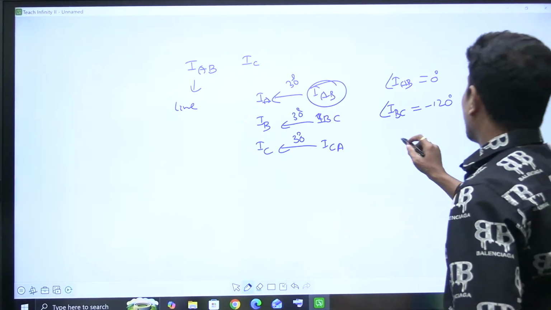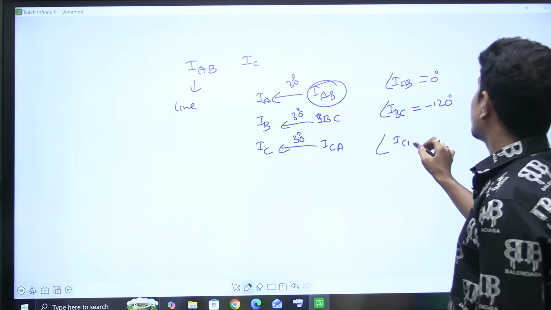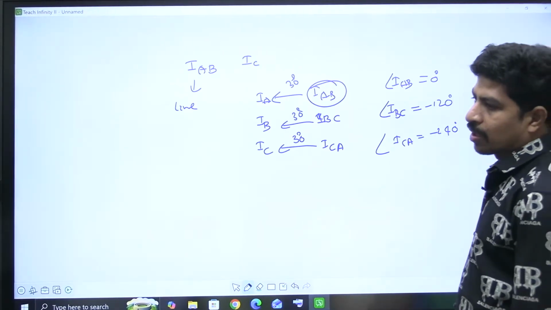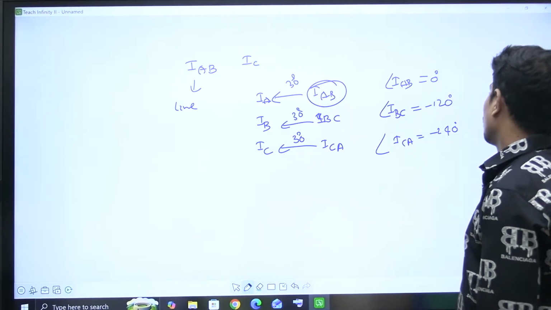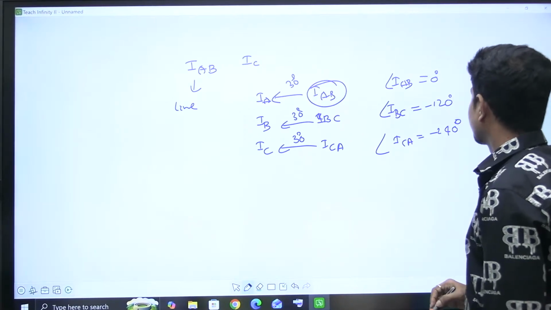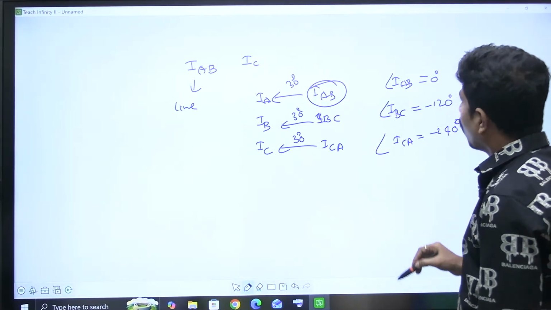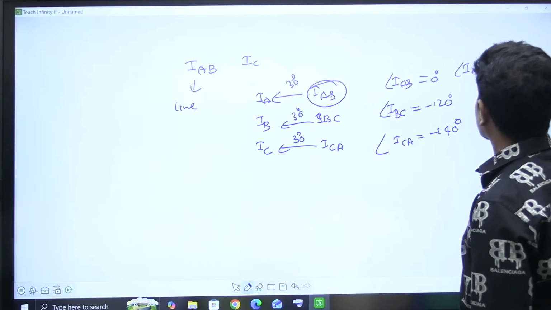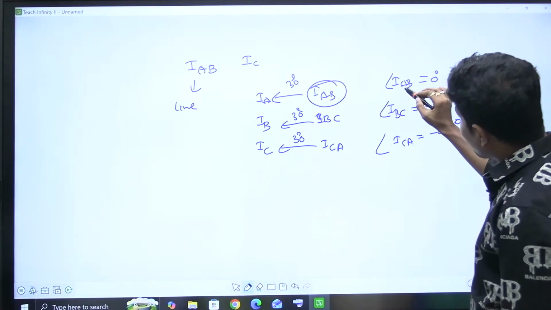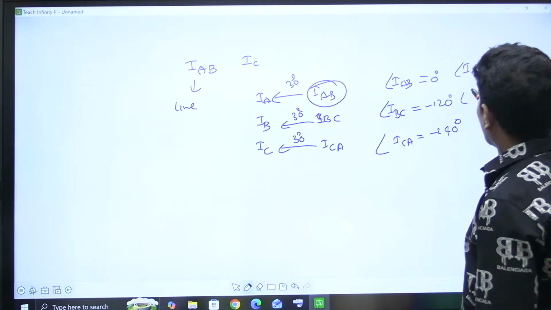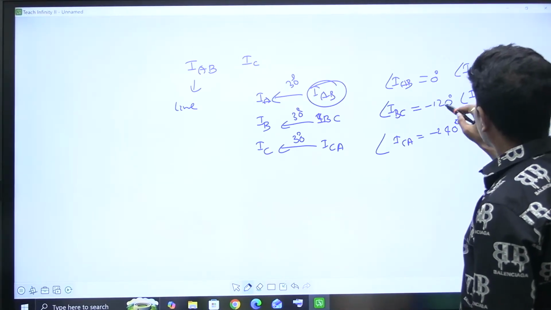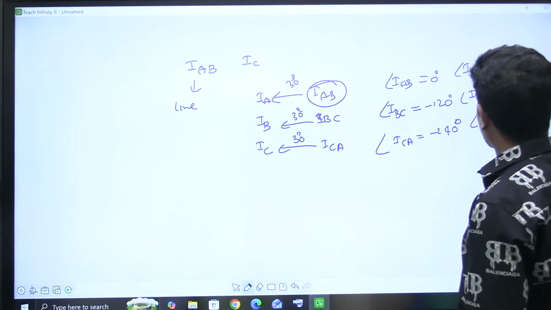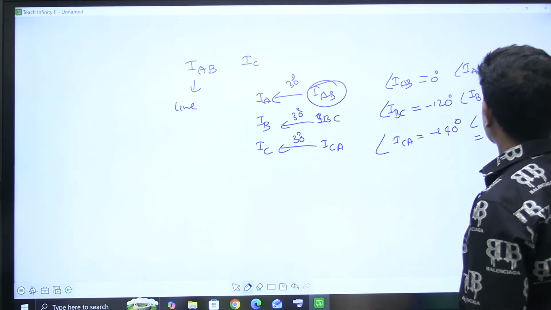Now the angle of ICA will be minus 240 degrees. Then the IA angle is minus 30, since IAB leads IA by 30 degrees. The IB angle is minus 150, and the IC angle is minus 270.